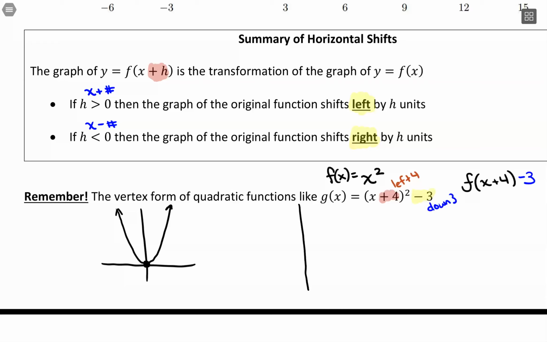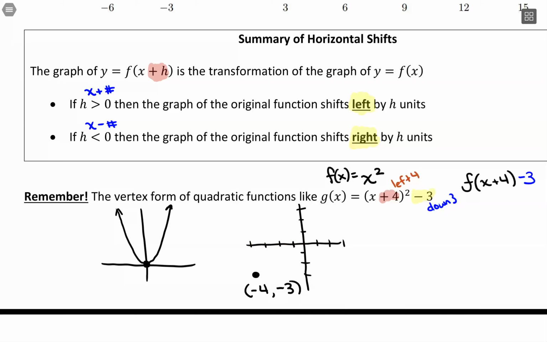So if I move the origin following that map there, and this is something we'll practice more, I just wanted to make this connection while it's kind of fresh. So left 4, if I'm moving the origin, I go left 4, down 3. So my vertex would end up down here at the coordinate -4, -3.